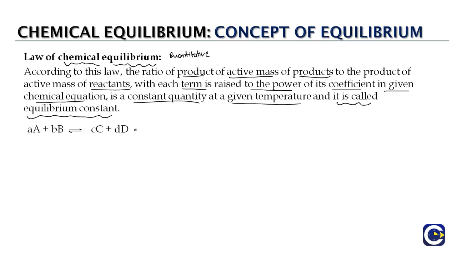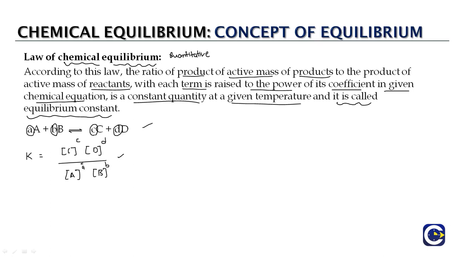To understand this with an example, let us say we have a moles of A combining with b moles of B to give c moles of C and d moles of D. For this reaction, the equilibrium constant is represented by the symbol capital K. It is equal to the active mass of the products, using parenthesis notation, the active mass of the product C raised to the power small c, because the coefficient here is c, and the active mass of the product D raised to the power small d, divided by the active mass of the reactants: A raised to the power small a, its coefficient, and B raised to the power small b, its coefficient.